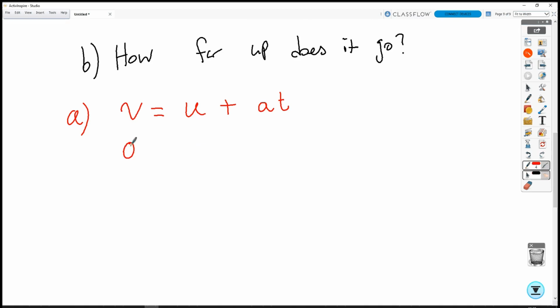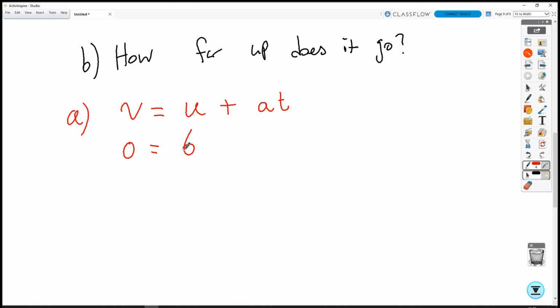So we've got 0 for v, equals 6 for u, plus a times t. Now, there's a caveat here. We said use a as equal to g. But we're talking about up and down right now. So one side is positive, one side is negative. The rule I always go for is imagine everything lives on a graph.